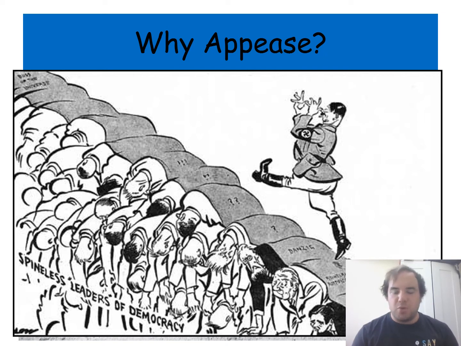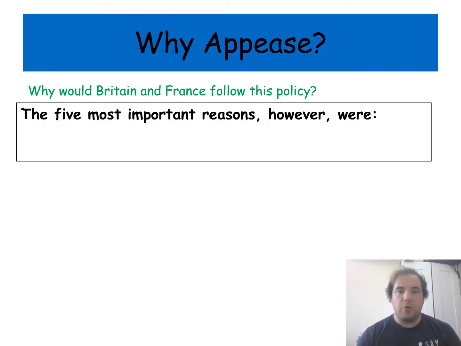It might make you wonder, how on earth could any kind of government of Britain ever even consider appeasement? Now, there are 5 reasons most commonly cited for why the British government, along with the French, decided to follow the policy of appeasement.